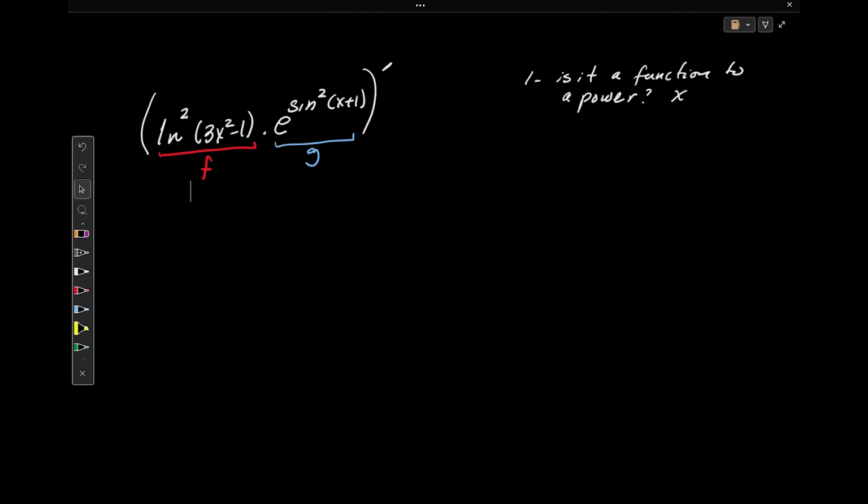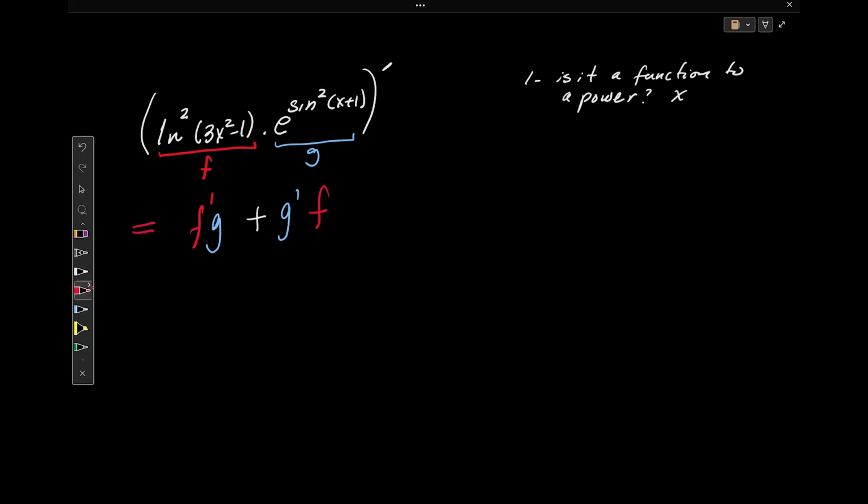That's the first step. The more you practice, the more later you can start playing with things and seeing shortcuts and simplifications. But right now, the derivative is f prime g, then plus g prime f. This is the definition. And let's write them down explicitly.